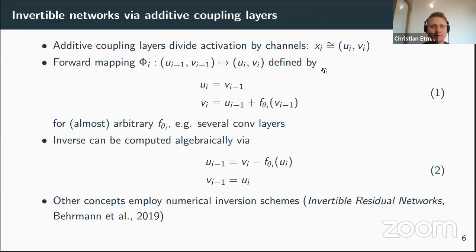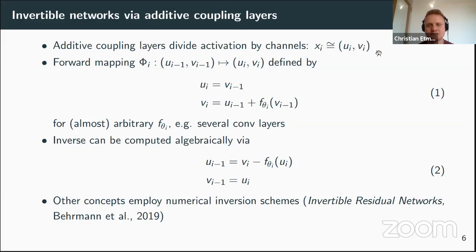So really the simplest way of constructing invertible layers is by the use of so-called additive coupling layers. And the idea is here to somehow split our activations into two parts. So we here denote this x_i divided into two parts, u_i and v_i. And in convolutional networks, this splitting is usually done in channels.